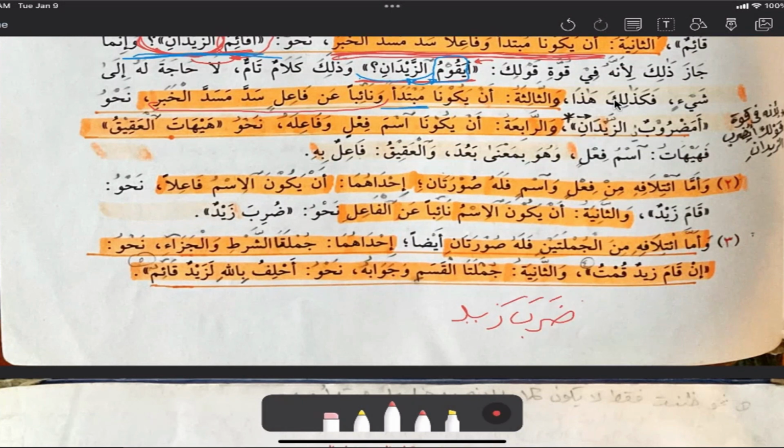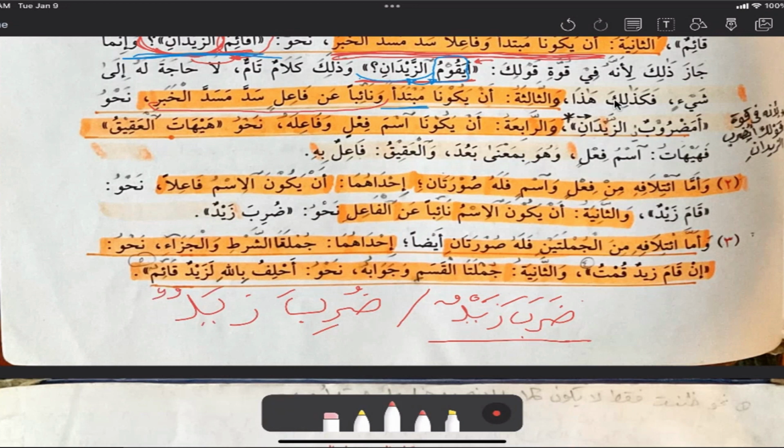Say daraba zaydun. Okay, Zayd hit or Zayd struck. And if you want to make that passive voice, as they call it, this is what they would call active voice. If you wanted to make it passive voice, you'd say, duriba Zaydun. Zayd was hit.